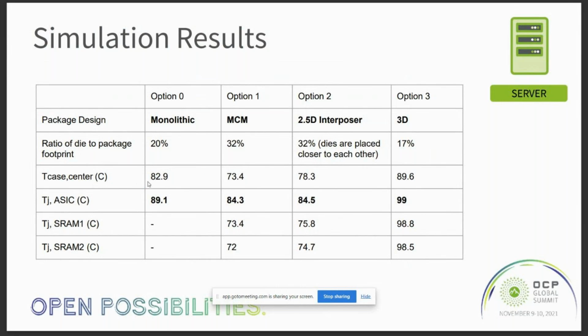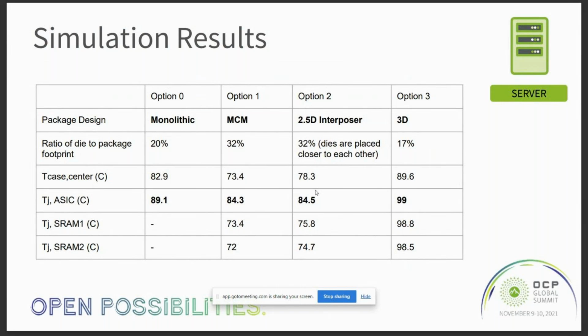And you can see also the case temperature. But this case temperature is a little bit, I think, misleading, because usually people define the location of the case temperature at the top center of the module.